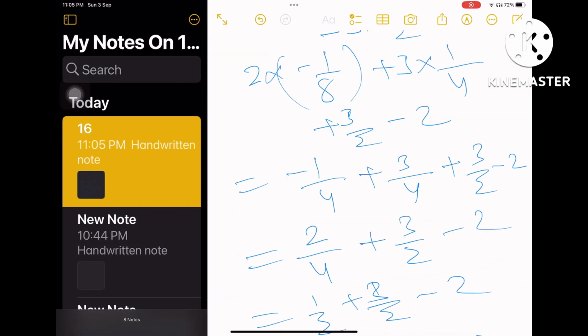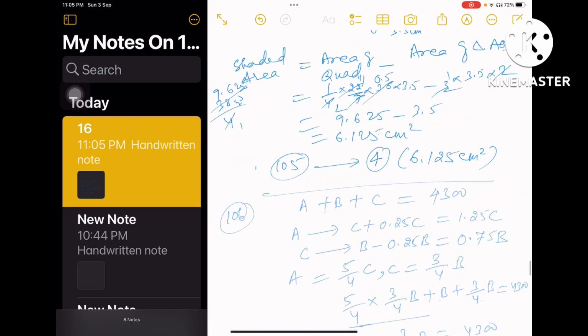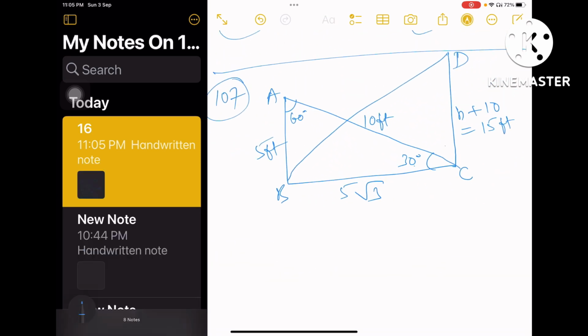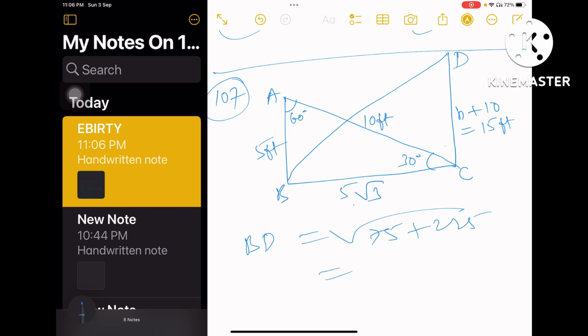Now we have to find out BD. Let us see what BD will be. We have got this as 5 root 3, this is 15, so we can find BD to be under root 75 plus 225, that is nothing but 300, that is nothing but 10 root 3.